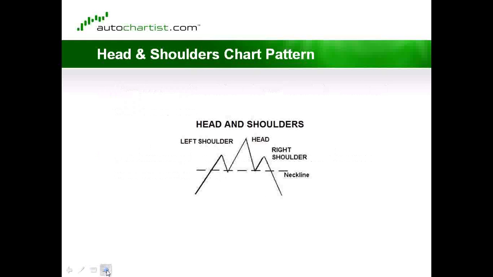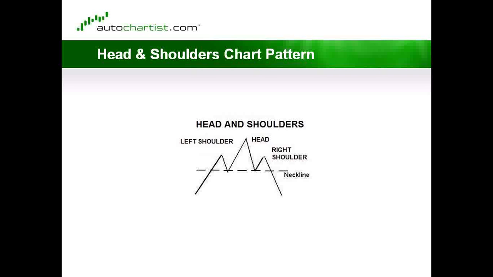So if we look at a photo of what a Head and Shoulders pattern looks like, this is just a simple scratch drawing of typically what this pattern should look like. We see that we have the left shoulder, which represents an up move or an uptrending market, and then we see this final thrust to the head, which represents the final movement in a bull market.